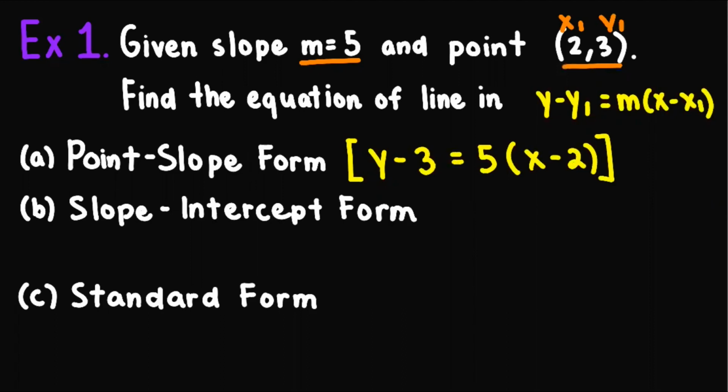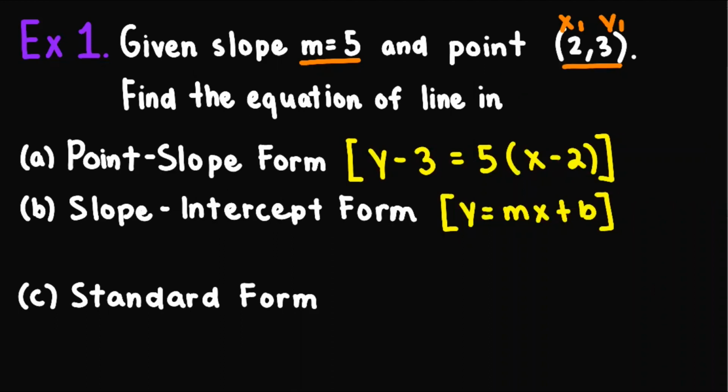Next, how do we obtain the slope-intercept form from this one? Take note that the slope-intercept form is of the form y equals mx plus b. So how do we obtain this one now that we don't have the y-intercept of the line?